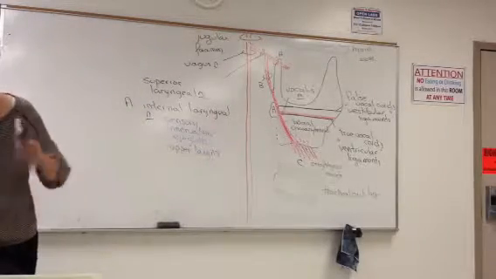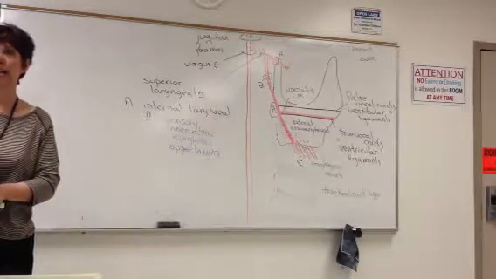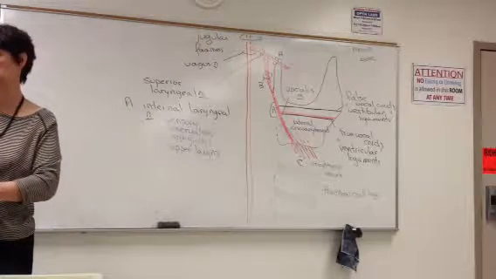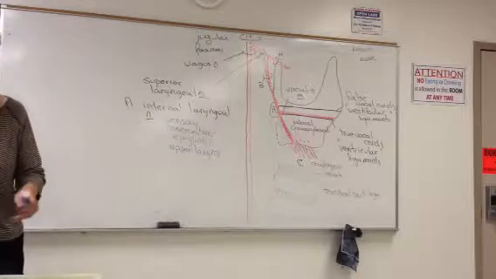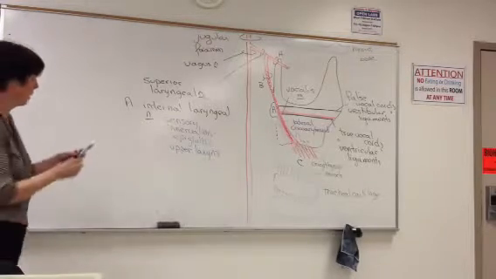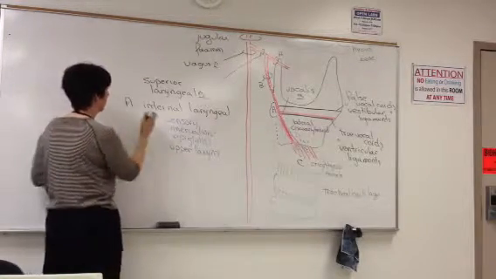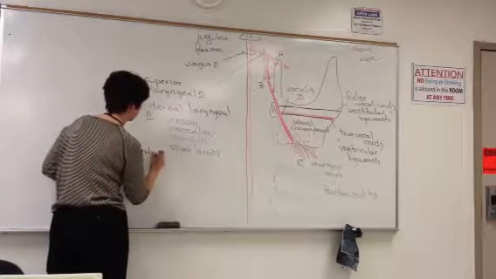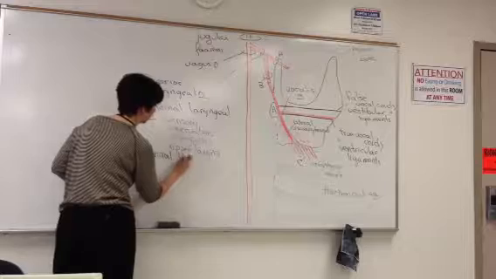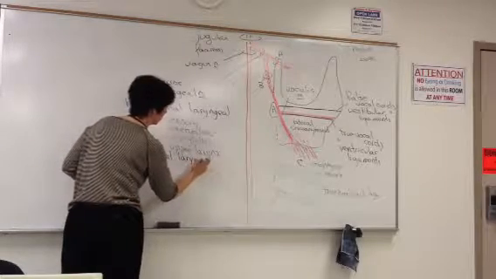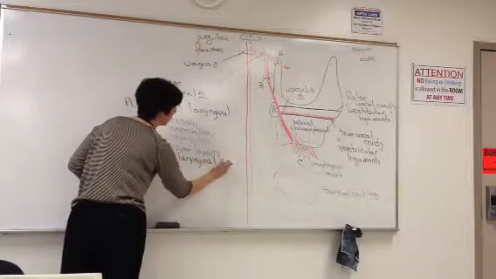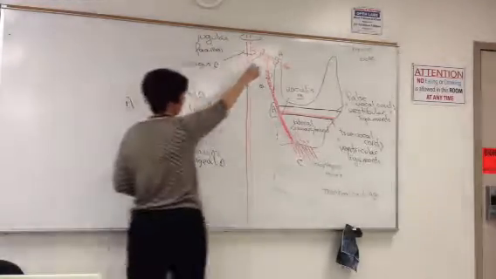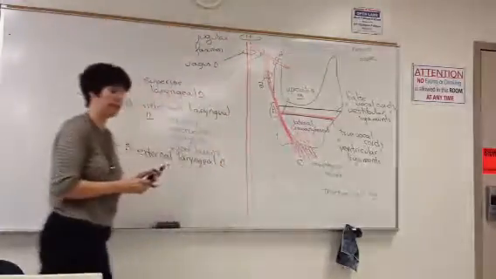So essentially, this whole area here, and the lining of the larynx down to the true vocal cords, that's sensory only. And then the external laryngeal nerve is motor only. And it's motor only to the cricothyroid muscle.